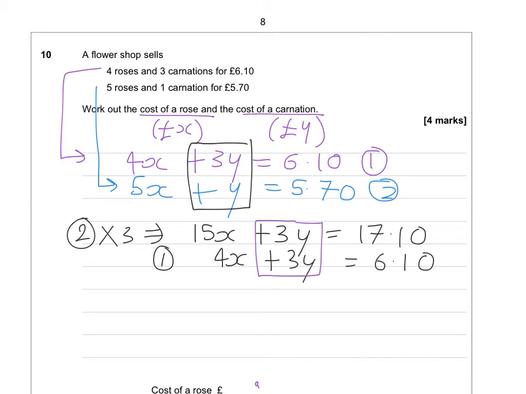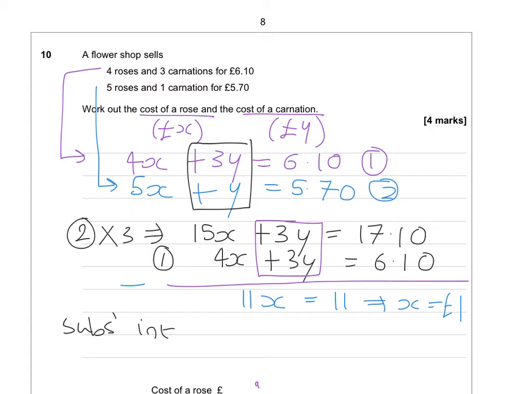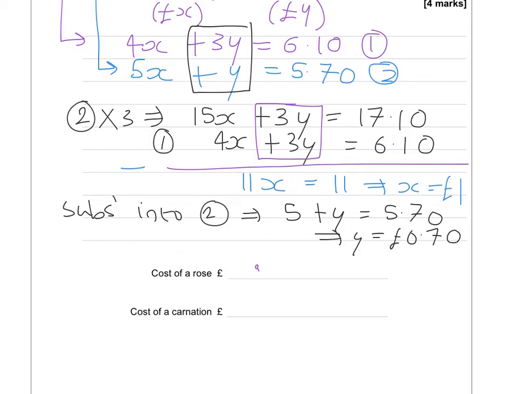Now that we have both equations containing the terms plus 3y, we subtract. This gives us 11x equals 11, giving us x equals £1. We substitute this back into equation 2, which gives us 5 plus y equals £5.70, so y is equal to 70 pence, or £0.70.